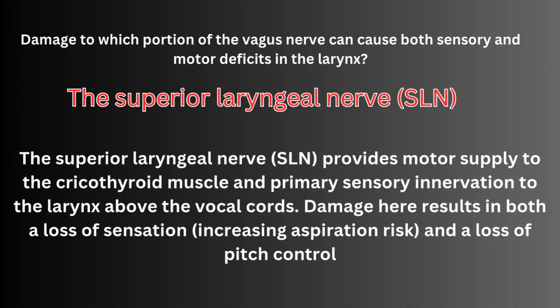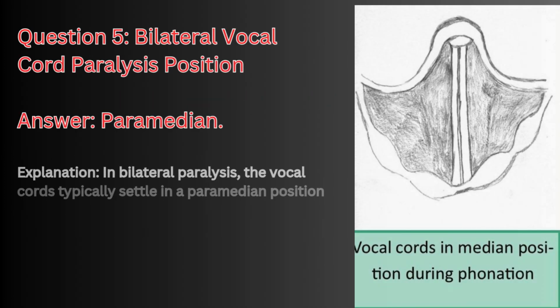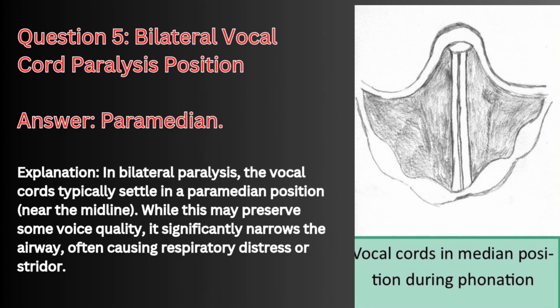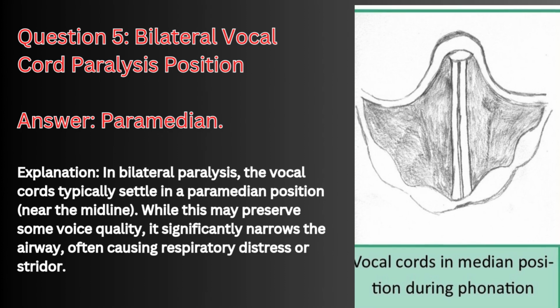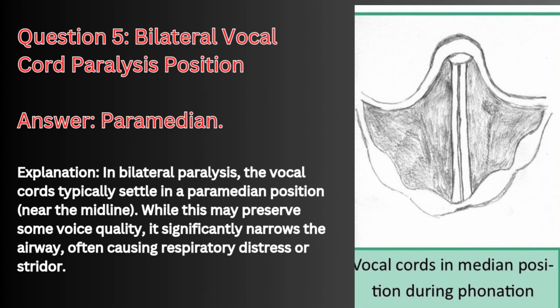The fifth question was, in bilateral vocal cord paralysis, in which position are the vocal cords most commonly found? So they are in paramedian or median position. They are in close contact with each other, and during phonation there is a small breathing space.